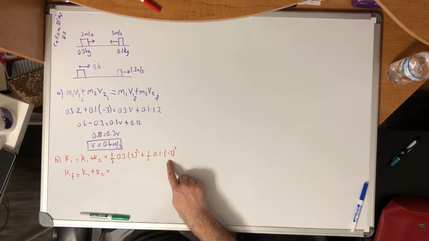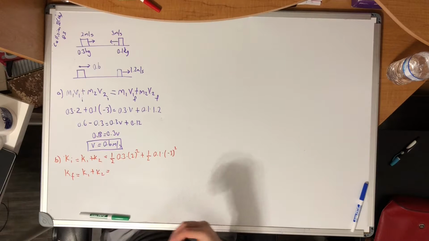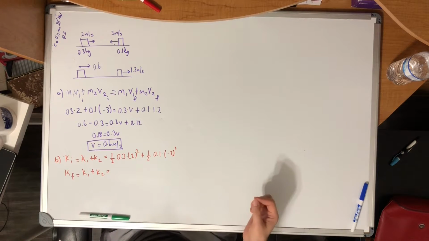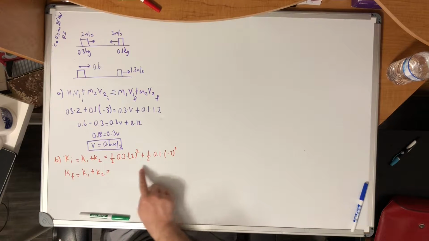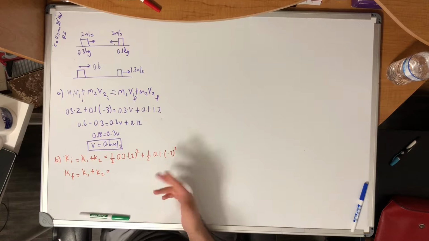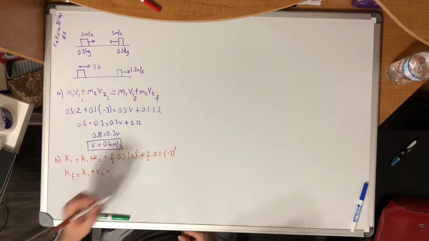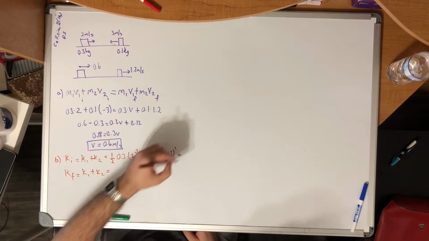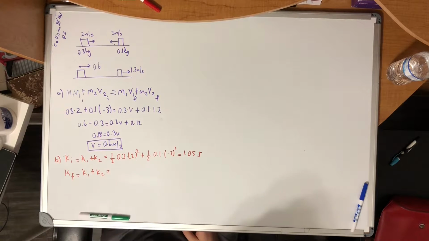This -3 is supposed to be within the parentheses, because you're taking the square of -3, which means you multiply -3 with itself. As a result, you are going to have a positive number over here. Kinetic energy will never be negative, it's always going to be positive. Once you multiply all of those, you are going to find your kinetic energy as 1.05 joules.